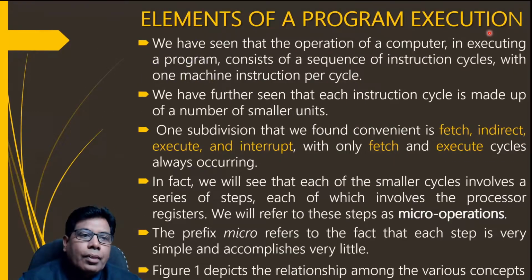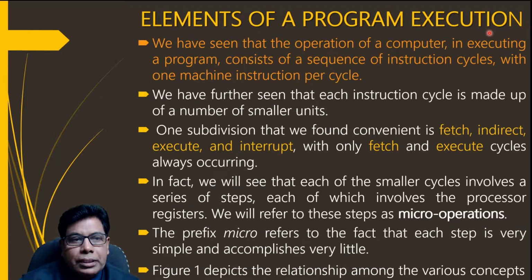Then let us come to the elements of program execution. See, the operation of a computer in executing a program consists of a sequence of instruction cycles with one machine instruction per cycle.